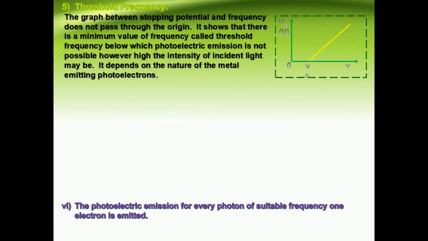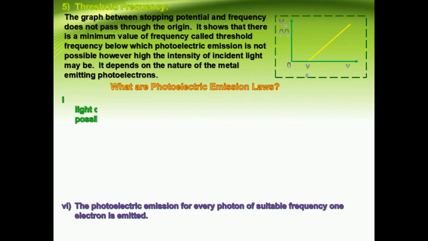This shows that there is a minimum value of frequency. This minimum value of frequency is called threshold frequency, below which the photoelectric emission is not possible, however high the intensity of incident light may be. It depends on the nature of the metal emitting photoelectrons.